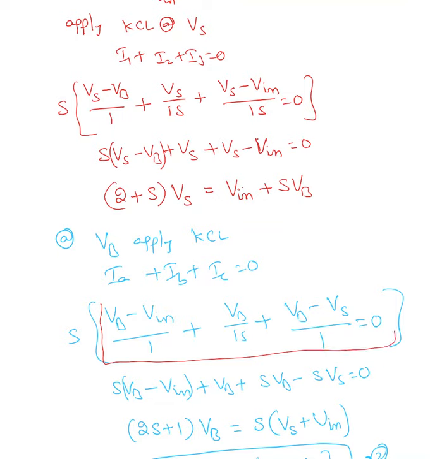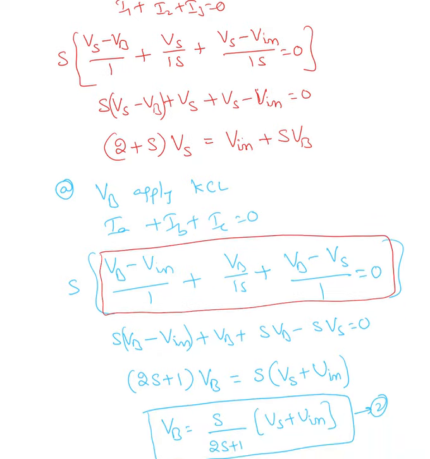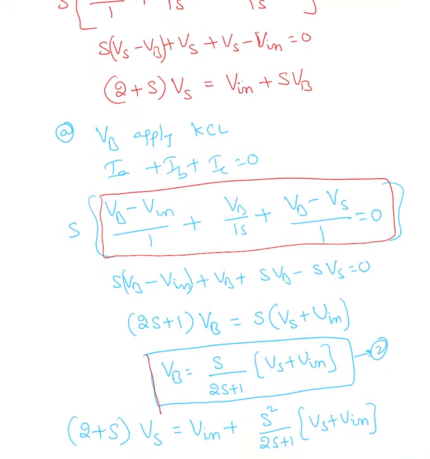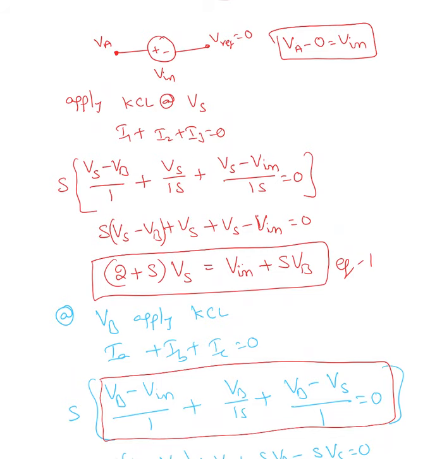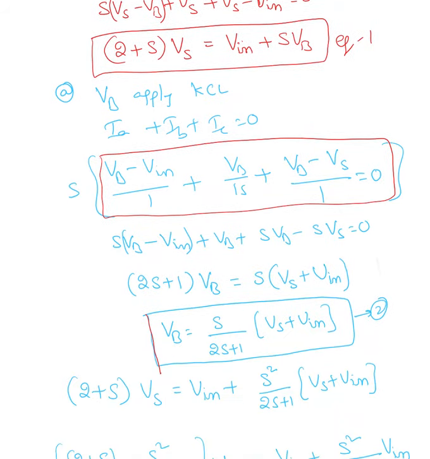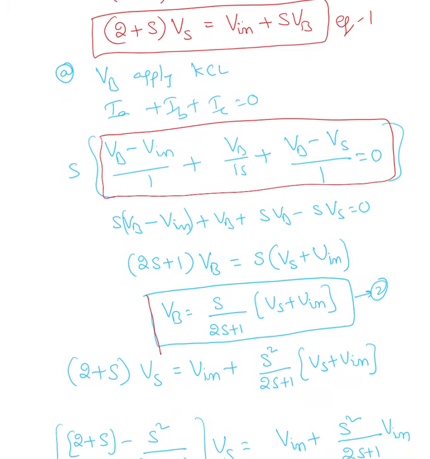To eliminate the denominator, I multiplied with s. Once I multiplied with s, I end up with Vb equal to s over 2s plus 1 times Vs plus Vn. Now I substitute this Vb into the equation 1. This is my equation 1, which I got by applying KCL at Vs. This equation 2, I got by applying KCL at Vb.